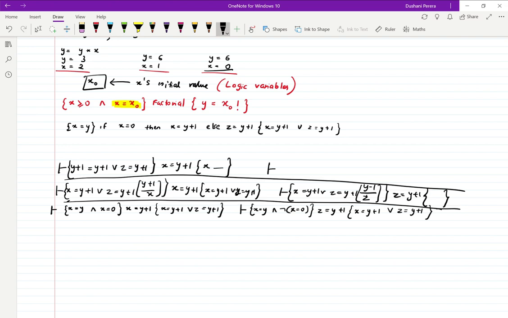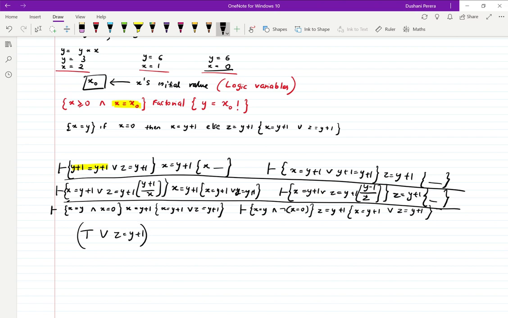Next, what do we have? X equals y plus 1, or y plus 1 equals y plus 1, z equals y plus 1, and then Q. Same thing. Okay, now here y plus 1 equals y plus 1, that's true. So we have true there, or we have that.